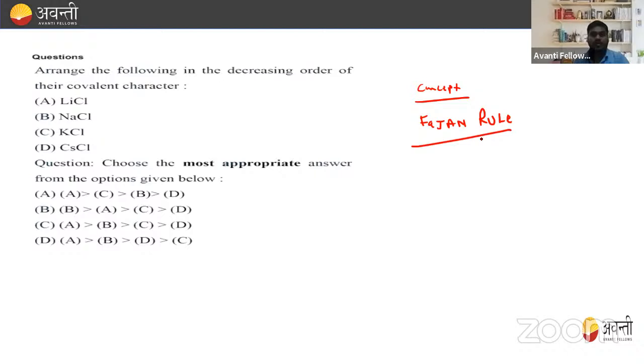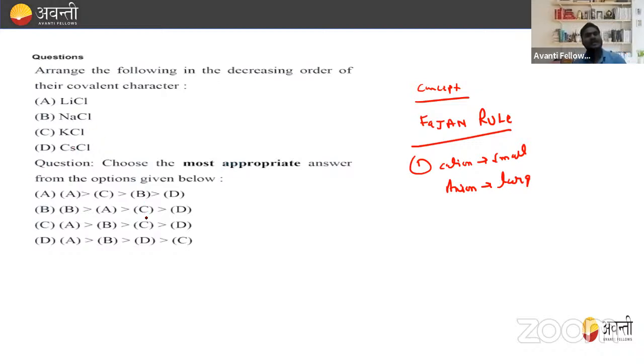Fajan's rule states that for a molecule to be covalent, it must satisfy two conditions: cation size should be small and anion size should be large, and charges on both cation and anion should be high. So this is the most important condition for the molecule to be covalent.